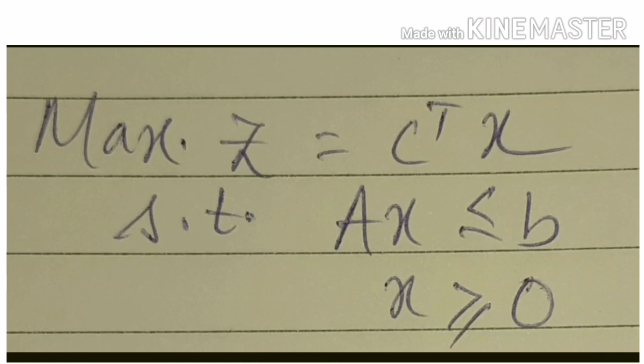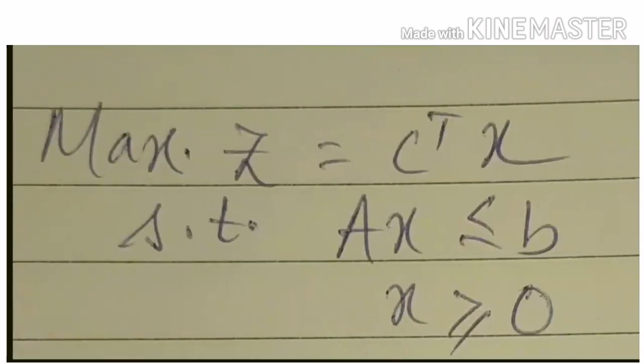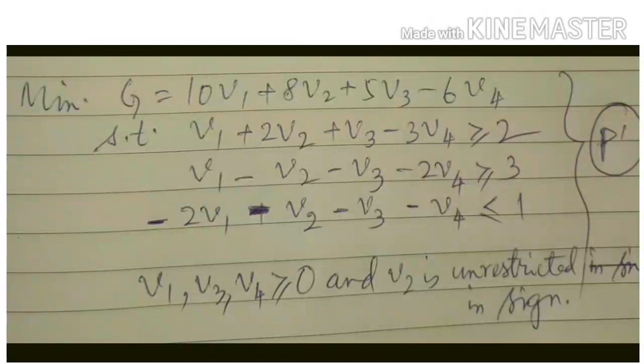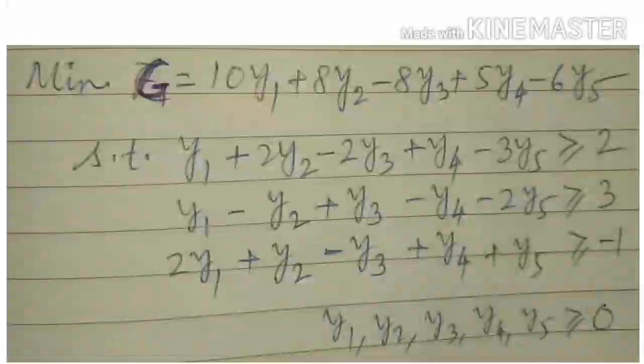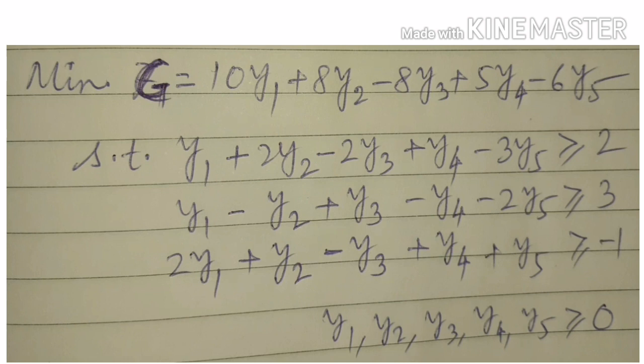Also you see that in the example which we considered, in the dual problem, if we consider this as the primal problem, there was a variable which was unrestricted in sign, which we can consider as the difference of two variables, y2 minus y3, so that all the variables become non-negative, and then we proceed as before.